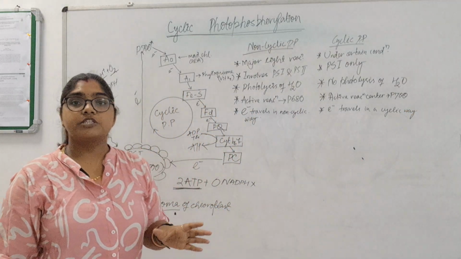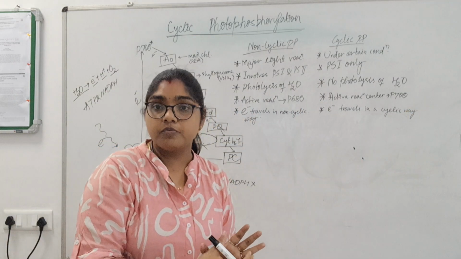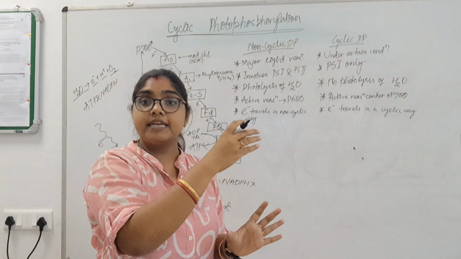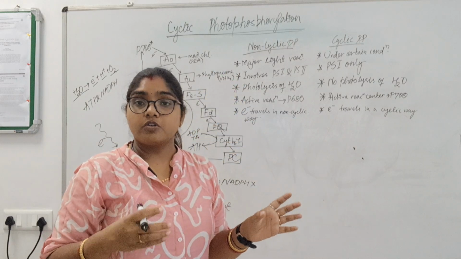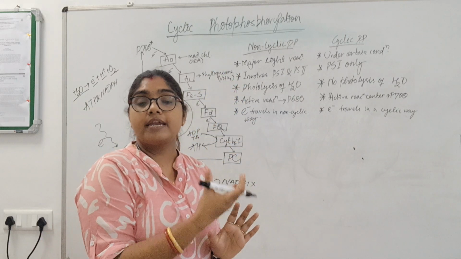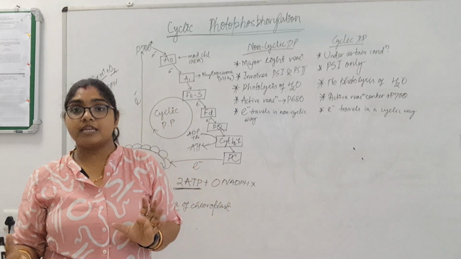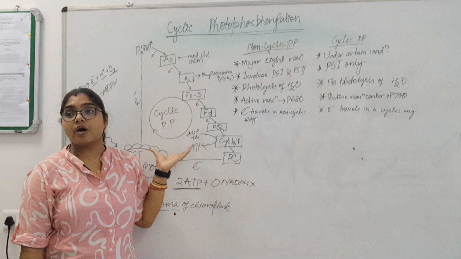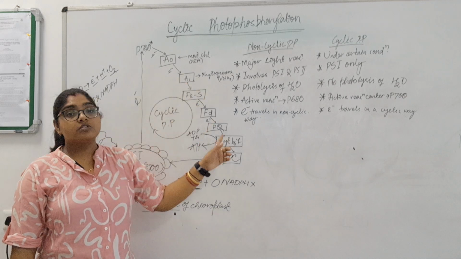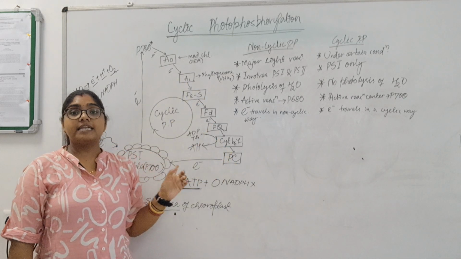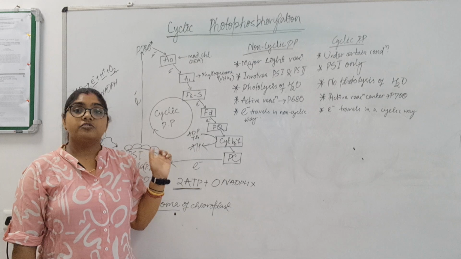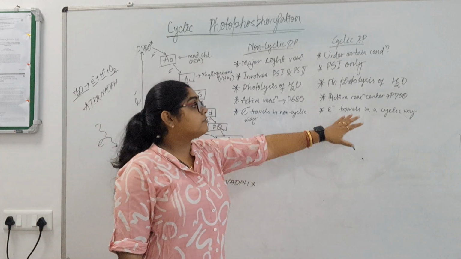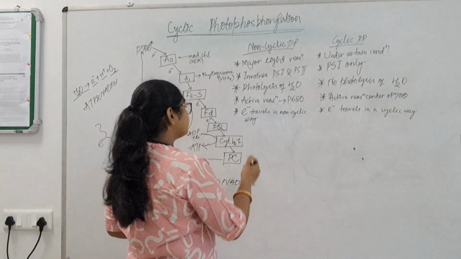Non-cyclic photophosphorylation starts with photosystem 2. Photosystem 2 gets excited, then the electron follows some electron acceptors to photosystem 1, and at last it produces ATP and NADPH. But in cyclic photophosphorylation, photosystem 1 gets excited, it follows some electron acceptors, and again the electron reverts back to photosystem 1. That's why it follows a cyclic way.